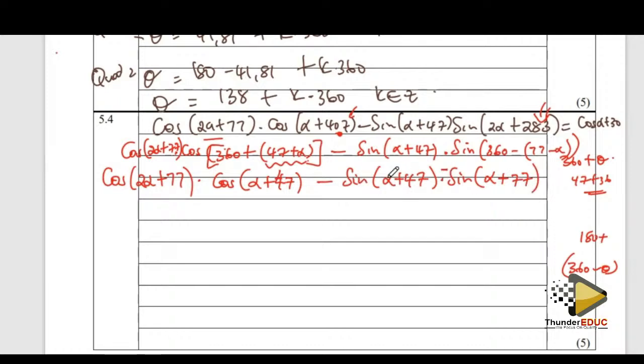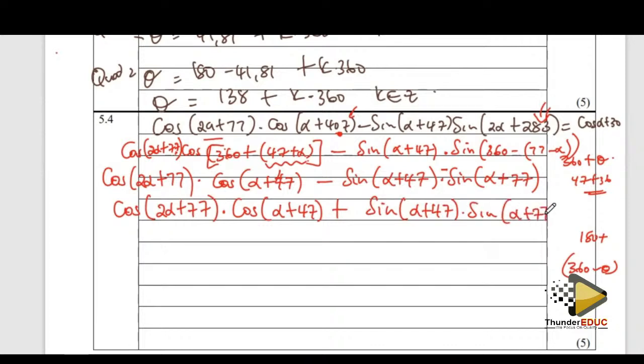So the negative and negative make a positive: cos(2α + 77) cos(α + 47) plus sin(α + 47) sin(α + 77).